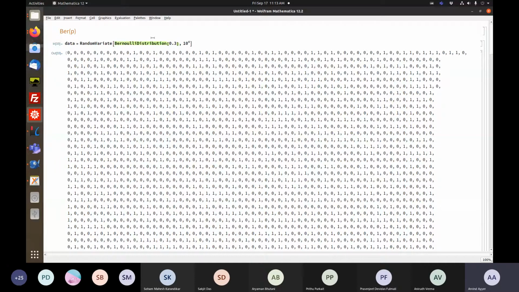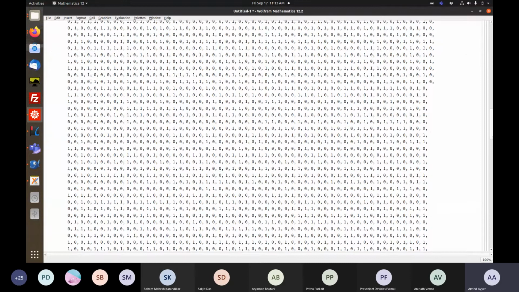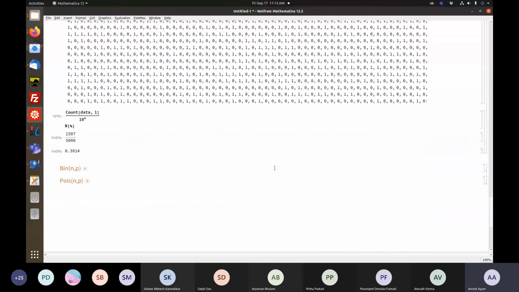People have worked a lot on improving the algorithms for generating them. In many packages these are well-developed algorithms, and they give answers to a fairly good degree. Again, nothing is perfect, but you get fairly high accuracy.